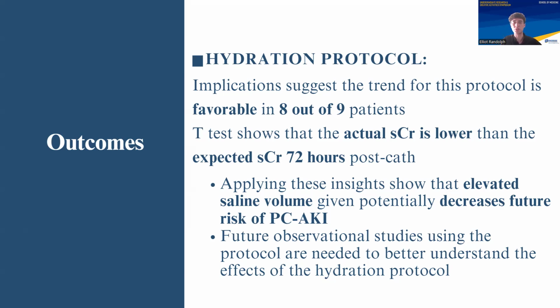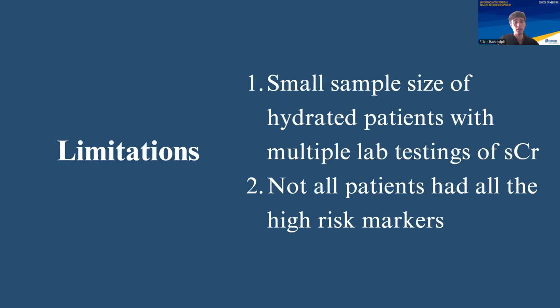And so obviously future observational studies are needed to better understand it. So as I said earlier, it was unfortunate that we had such a small sample size because several patients didn't do their lab tests.